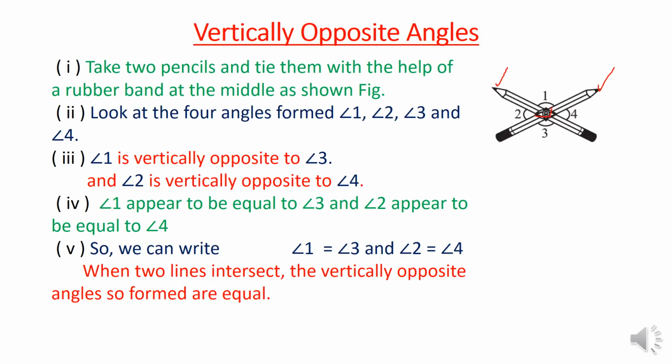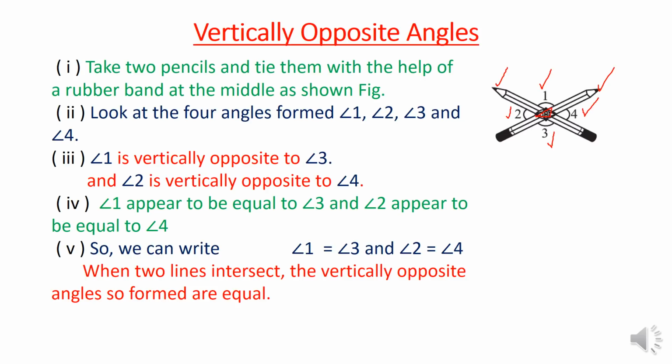Look at the four angles formed: angle 1, 2, 3 and 4. Here you can see angle 1, angle 2, angle 3 and angle 4. So four angles are formed here.